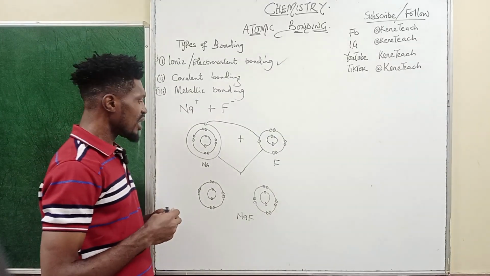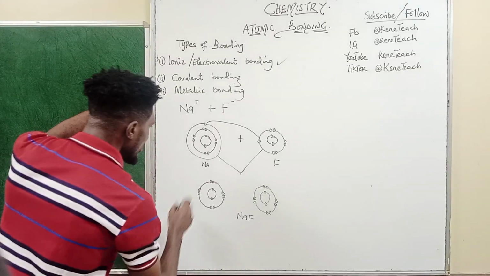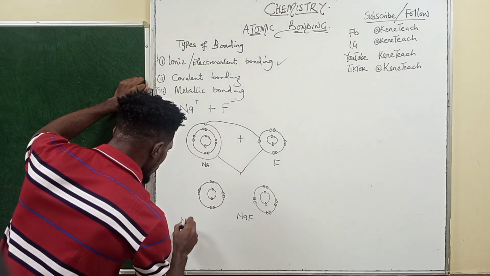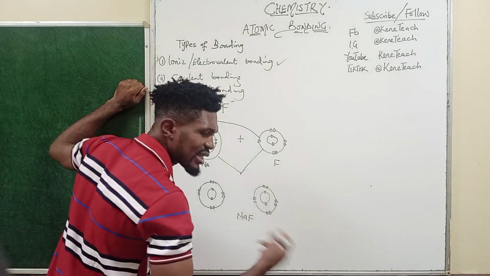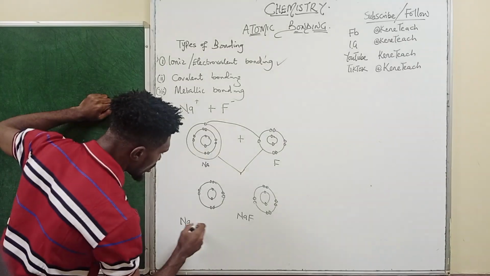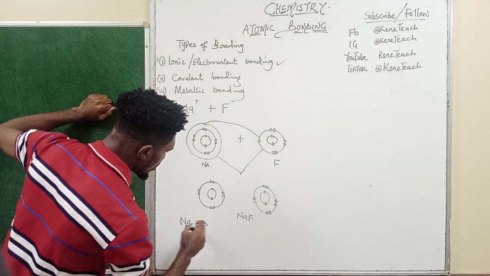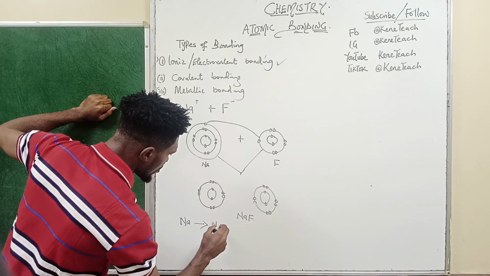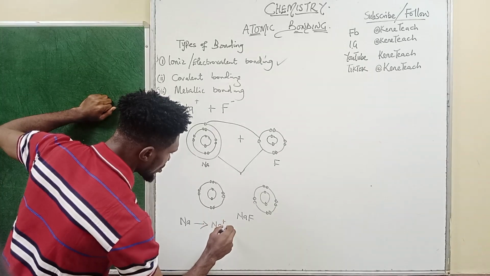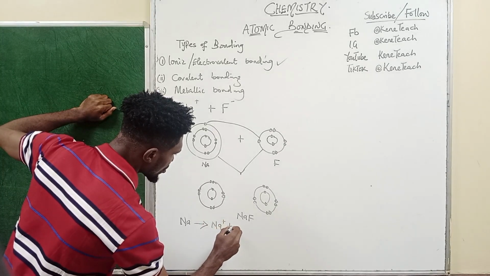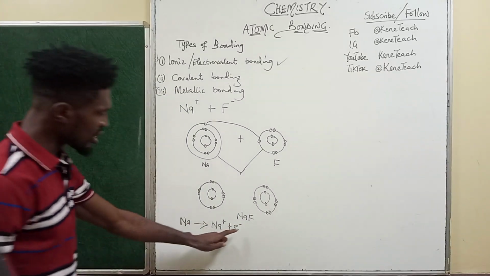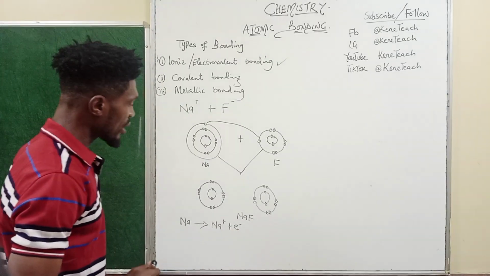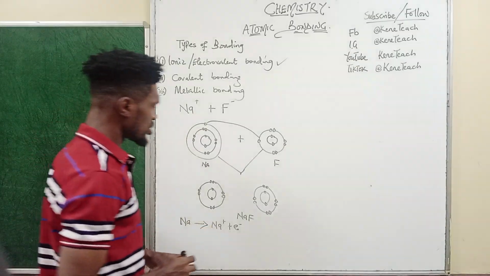It's as simple as that. Very simple. So now, if we want to draw, this is sodium. Sodium lost an electron. It donated an electron. So this is how we draw it. You see, sodium plus 1 electron, that is 1 plus. Okay? This is how it is drawn.